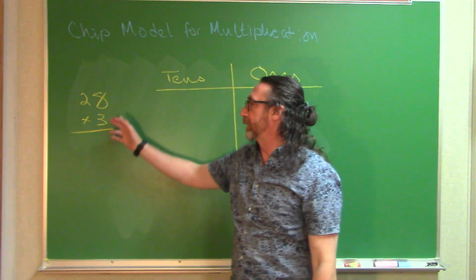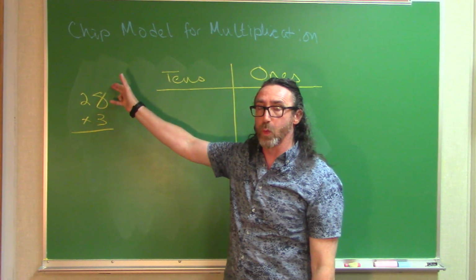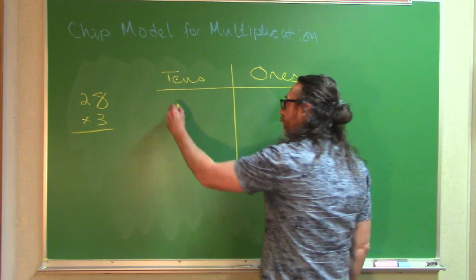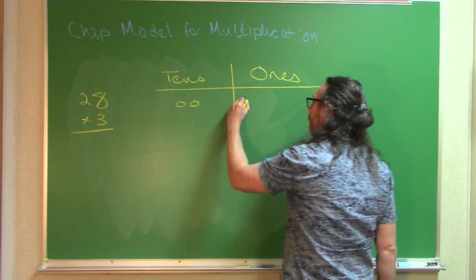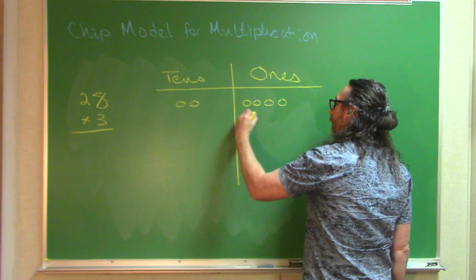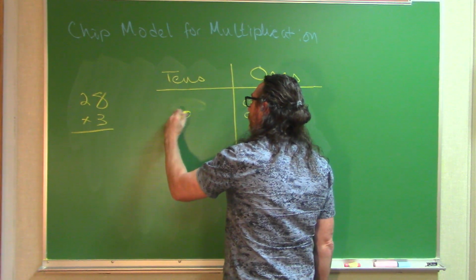Okay, so 28 times 3. So I'm thinking 3 copies of 28. So 28, 1, 2, 1, 2, 3, 4, 5, 6, 7, 8. Let me put this one down here like this.